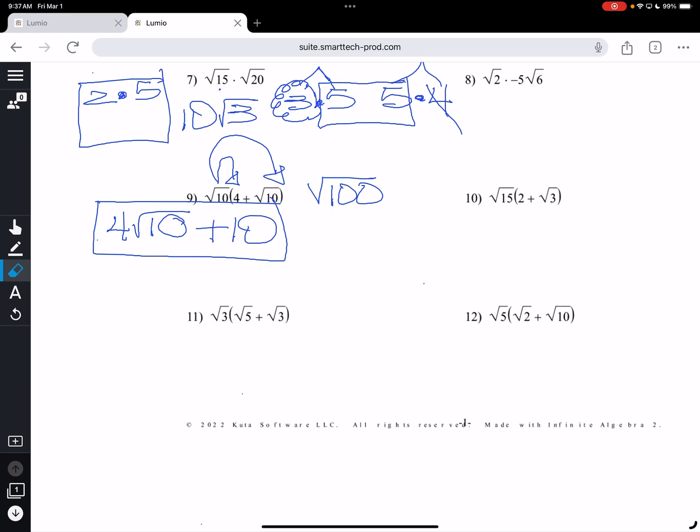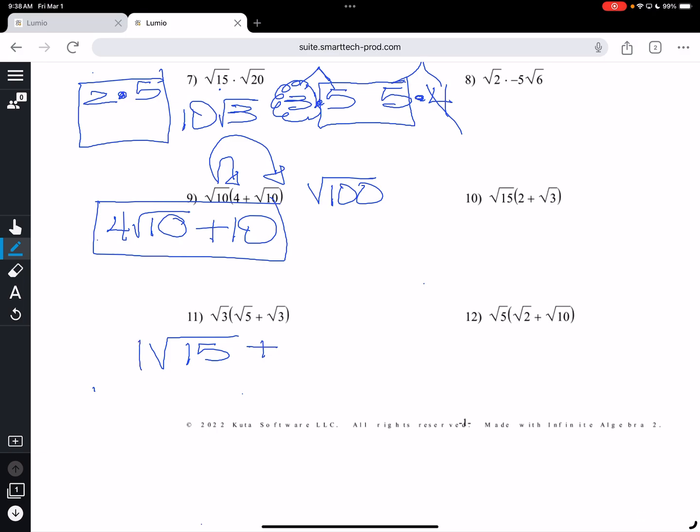So what'd you get? 3 radical 5, 1 radical 15 plus 3. You have to put the 1? You do not have to put the 1, we're just encouraging. Oh, I get it. So at this time, it's two radicals being multiplied together.